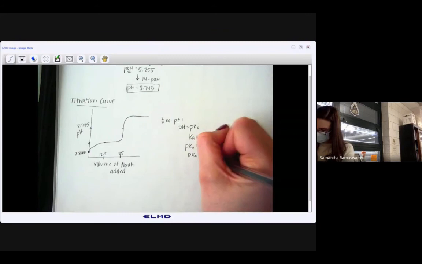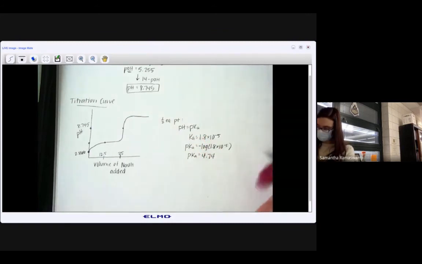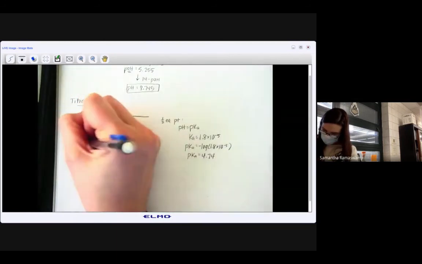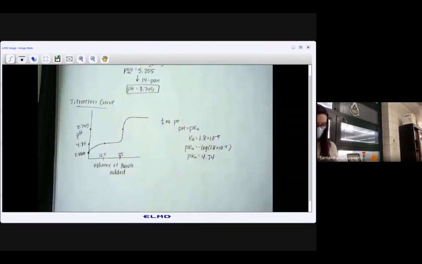So the pKa is 4.74. So the pH at the half equivalence point is 4.74. So we have the initial pH, we can figure out the pH at the half equivalence point, and we calculated the pH at the equivalence point. We knew the volume of NaOH at the equivalence point, so we know the volume at the half equivalence point.